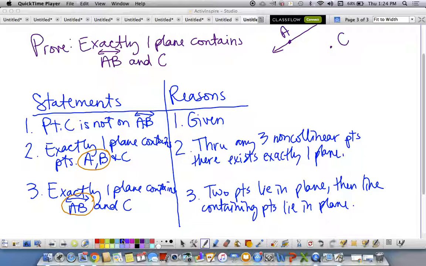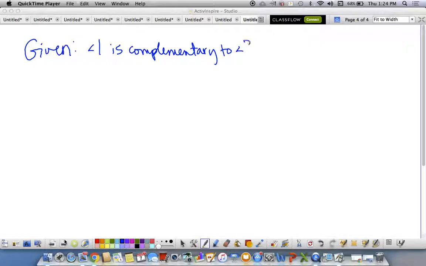Let's do one more. Alright, so in this one, I'm going to give you a given statement: angle 1 is complementary to angle 3.